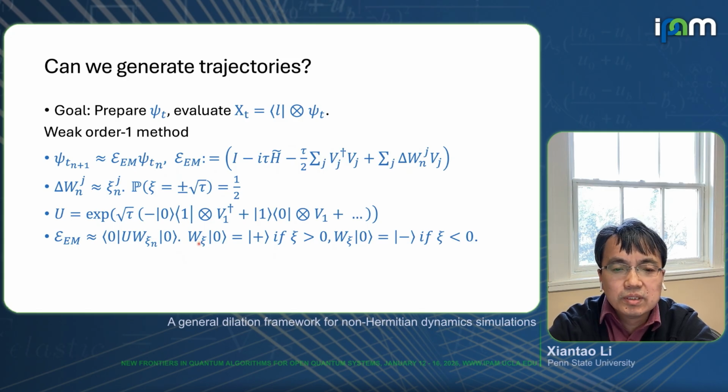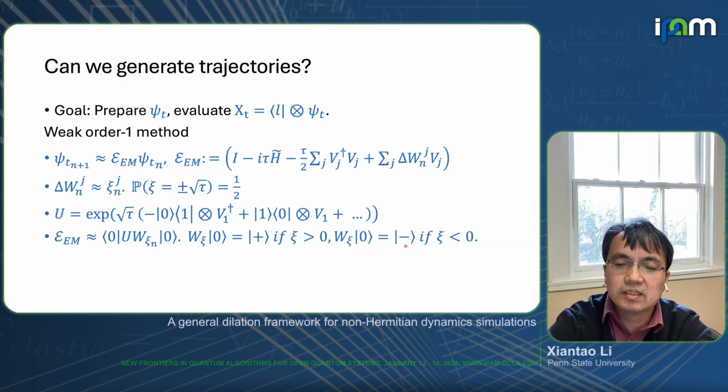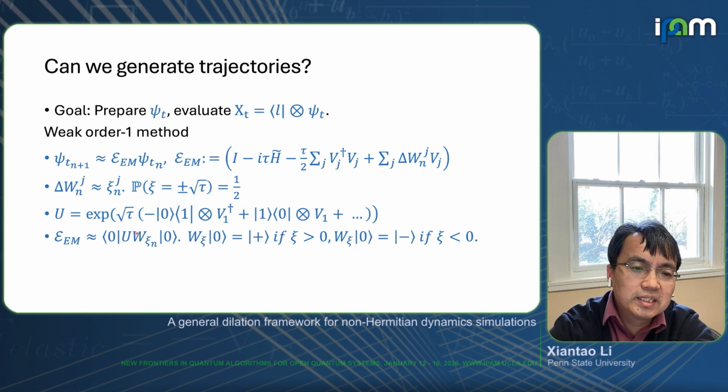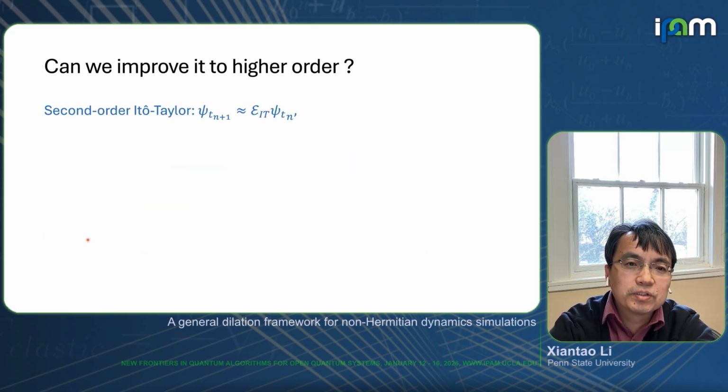So you apply this unitary that maps 0 to plus if Qc is positive; Qc is either positive or negative. If Qc is negative, you map it to minus. So that creates this random term here. But altogether, this is consistent with the Euler-Maruyama method. That's only a first order method.